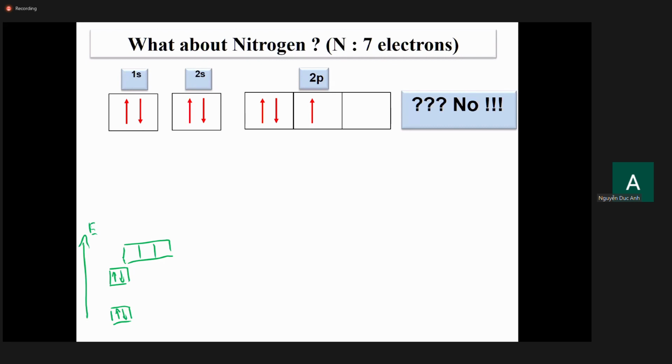But let's imagine 3 orbitals of 2p, this one, this one, this one, have the same energy levels as I write here. Okay, so if you have 1 electron to fulfill or to move into that 2p, they will prefer the first orbital, of course, right?